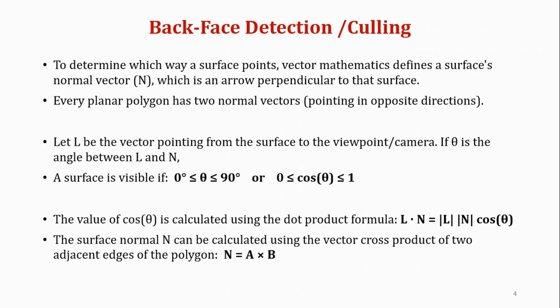The cosine value is computed using the dot product, L dot N, which equals modulus of L into modulus of N into cos theta. If the dot product indicates the surface is facing away, the polygon will be removed. The normal vector itself is obtained using the cross product of A and B, N equals A cross B. This mathematical test allows the graphics system to quickly identify the invisible polygons.